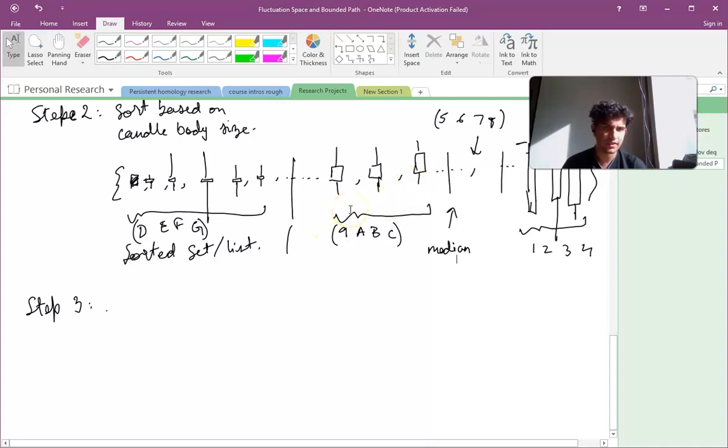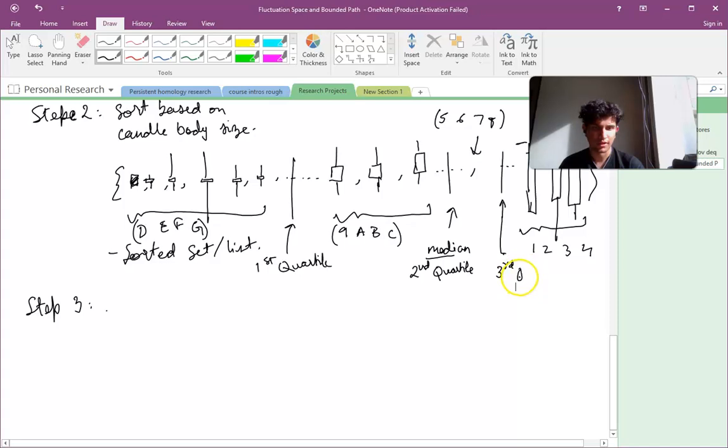If you're sorting something in order, then the middlemost element is your median. Similarly, the middlemost element that lies between your median and your first element is your first quartile. Technically, your median is your second quartile. And lastly, this is your third quartile.